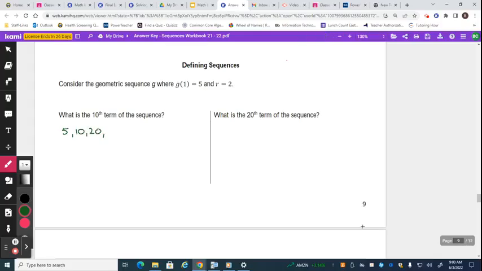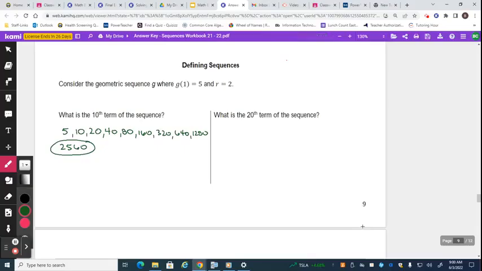So if I keep going looking for the 10th term, it's like 2,560. Again, these numbers are getting fairly large, and working this way is just a little bit redundant.